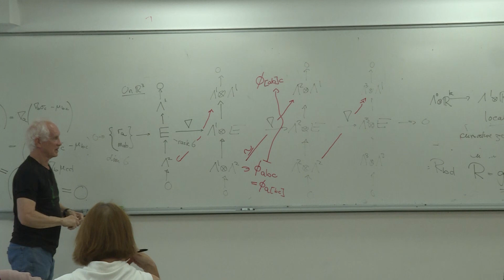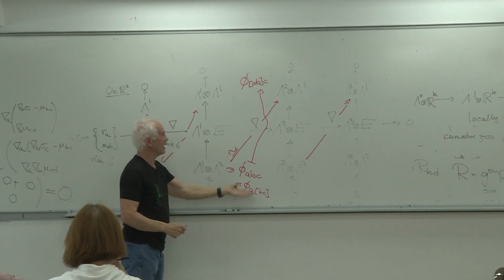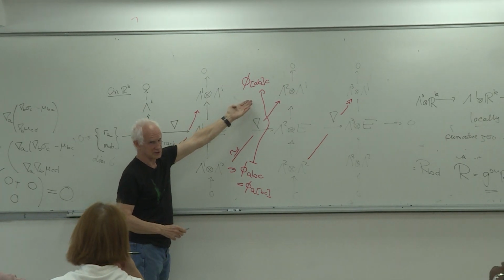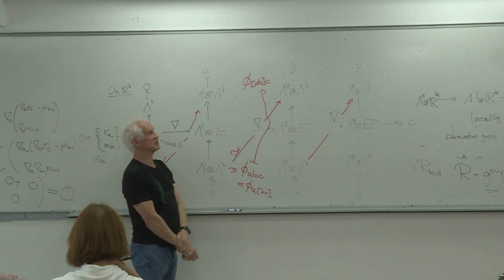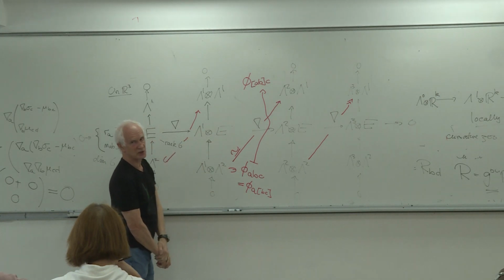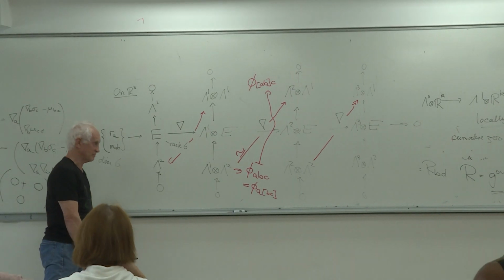That's what this is. It's taking this, which is skew in its second 2 indices, and you're taking the skew part in the first 2 indices. In other words, exactly this thing minus the thing with the B and A interchanged, divided by 2. And I claim that that's an isomorphism.